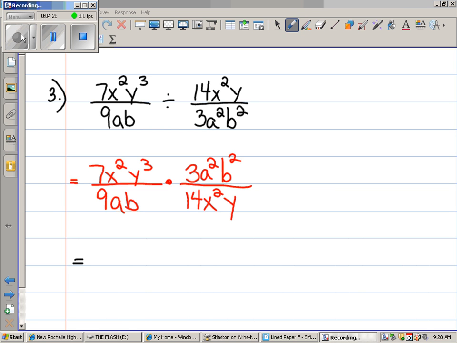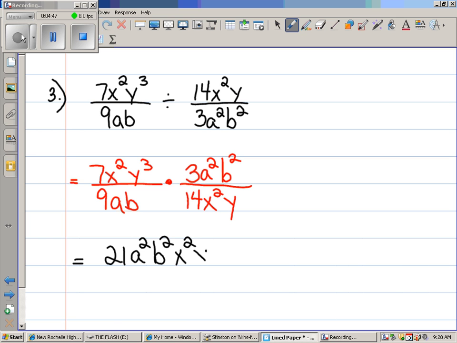The next step for these ones is we're going to do top times top, bottom times bottom. So that's going to be 21 a squared, and I always write them down in alphabetical order, b squared, x squared, y cubed.